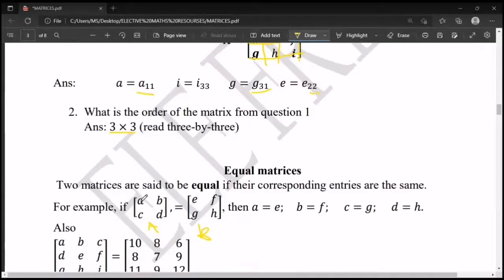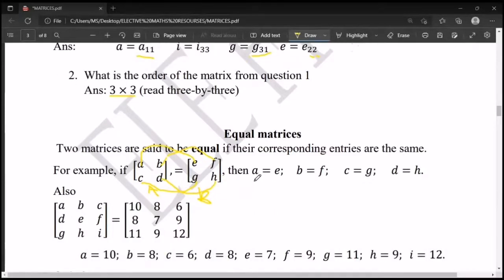So when we take the first element here, let's compare with the first element in the first row. So A goes with E, B goes with F, C goes with G, D goes with H. Did you see how simple this is? So these are the corresponding elements.